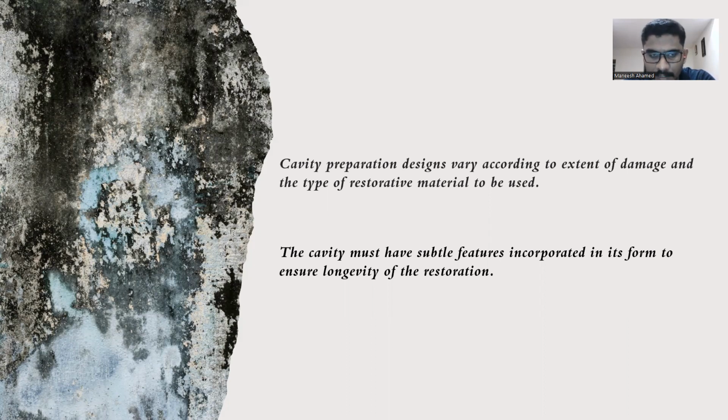And at the same time, the cavity preparation should have certain subtle features that would help the restorative material to stay within the tooth. And the cavity preparation designs vary according to the extent of the caries lesion, and also depend upon the type of the restorative material that is used to restore the tooth. So this is what we have discussed so far. These two lines summarize the things which we have discussed so far.